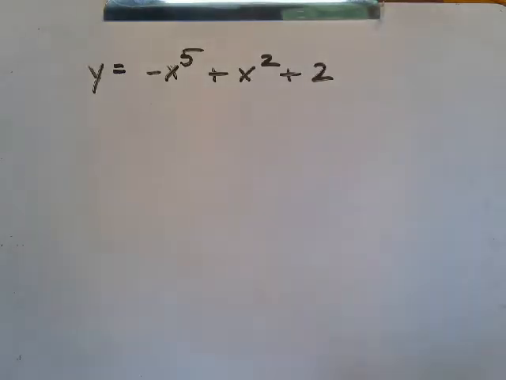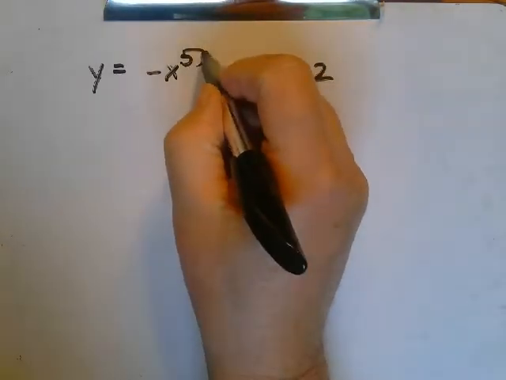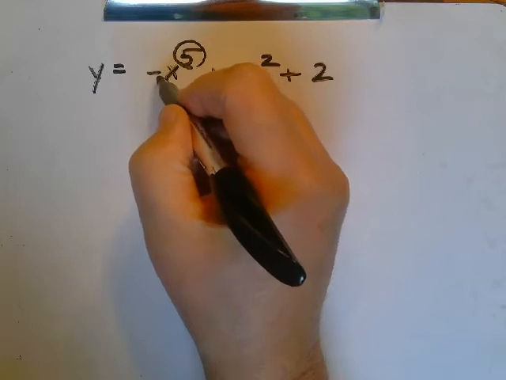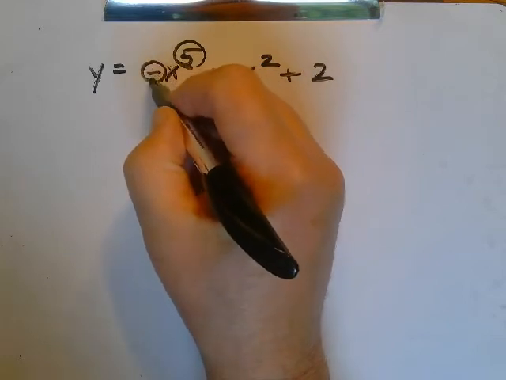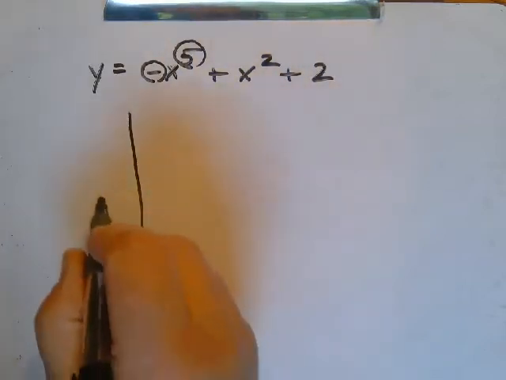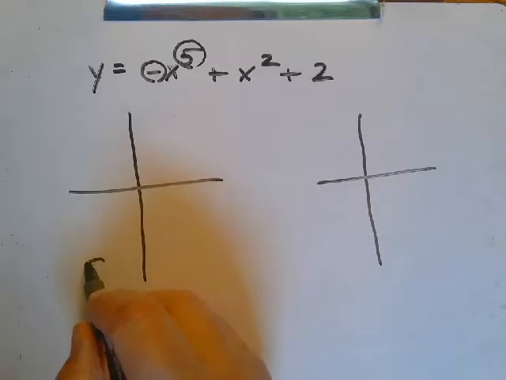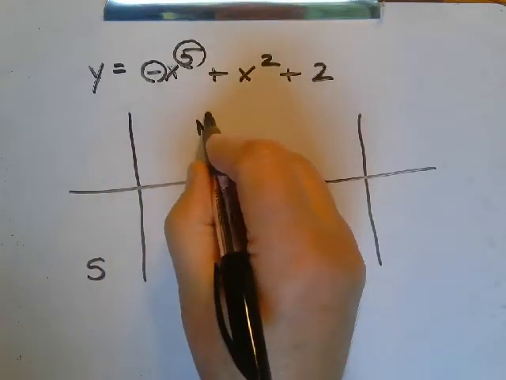All right, let's see if you can get ahead of me on this one and figure out what's going to happen. Well, we're only concerned about two things: this leading exponent and the leading sign. Well, it's an odd exponent, so that means an odd exponent either has to enter in the south and go out in the north.